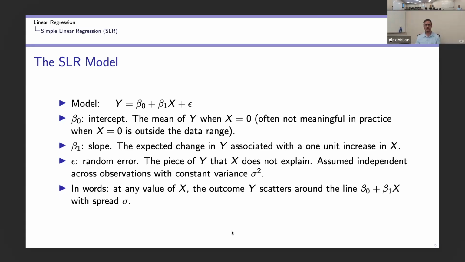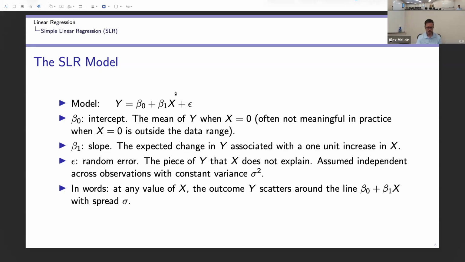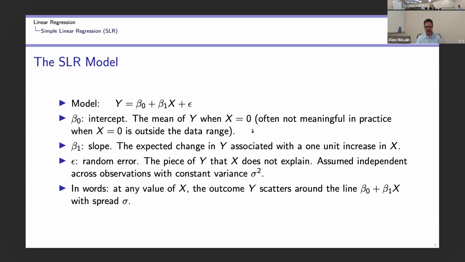Beta 0 is the predicted value of Y when X is equal to 0. When X is equal to 0, we won't have that term in our model, just beta 0 and the error term. So beta 0 is our expected value when X is equal to 0.